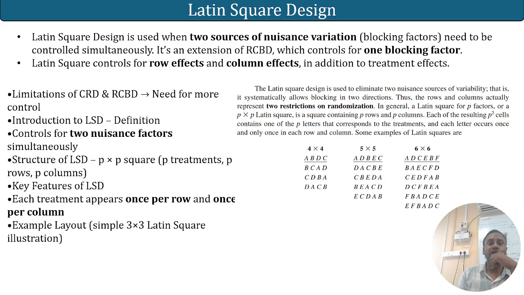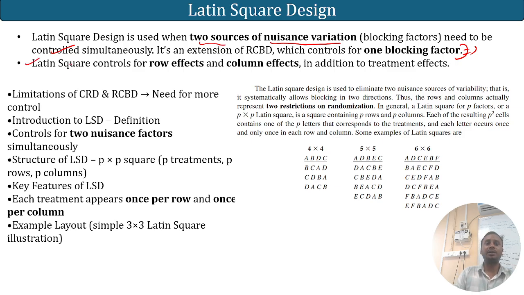Latin square design is used when two sources of nuisance variance are to be controlled simultaneously. So it's an extension of RCBD, which controls one blocking factor. RCBD actually controls only one nuisance factor, but here we have to control two factors.